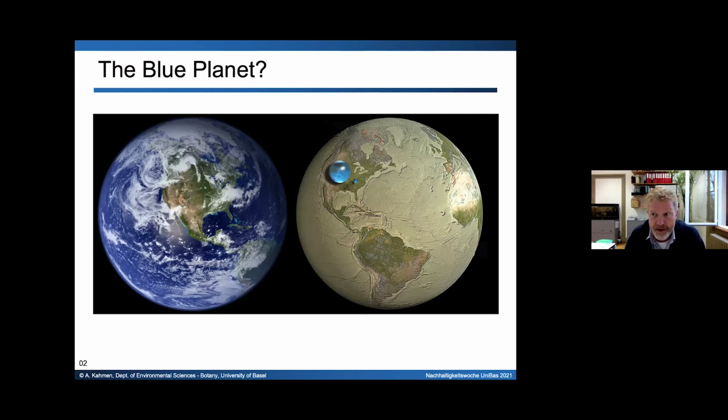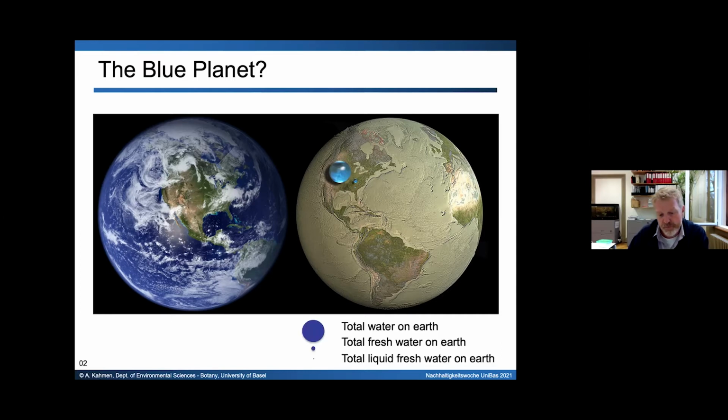That actually becomes even clearer if we look at the different water pools that we have on our planet. So this bubble here is all the water that we find on our planet. If we zoom into this a little bit in more detail and look at the amount of fresh water that exists on our planet, so water that we don't find in oceans and water that is relevant for plants and also for humans, we see it's actually very, very little.